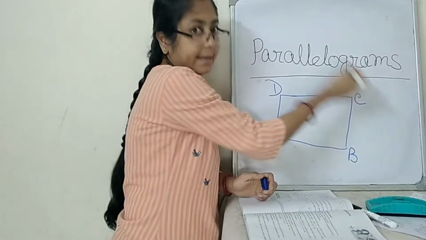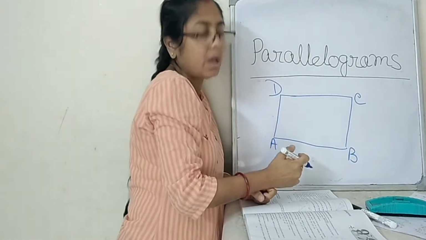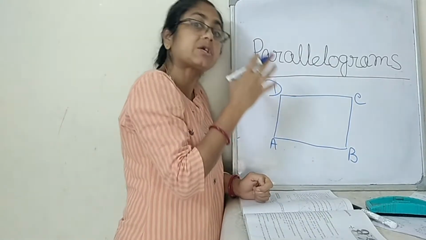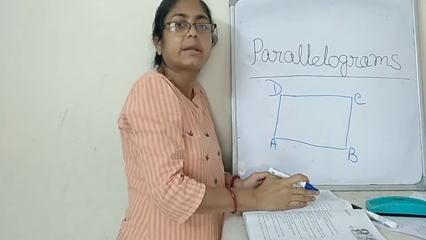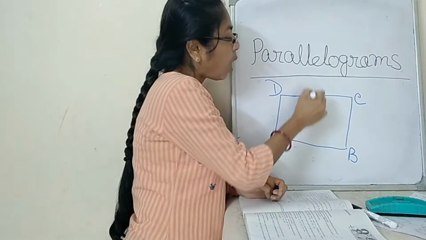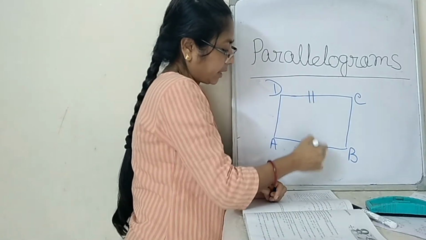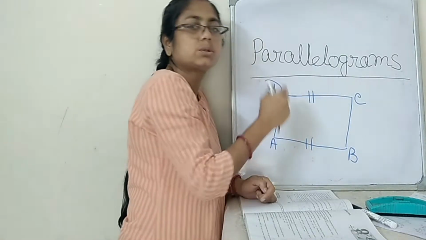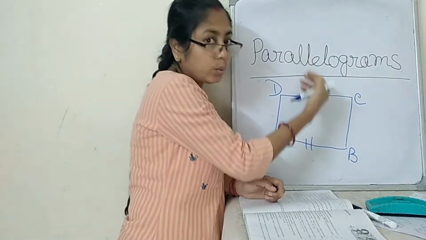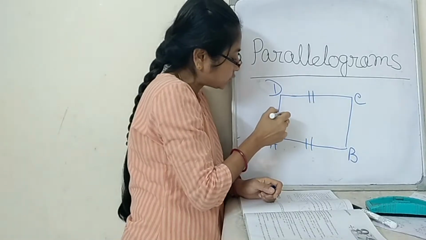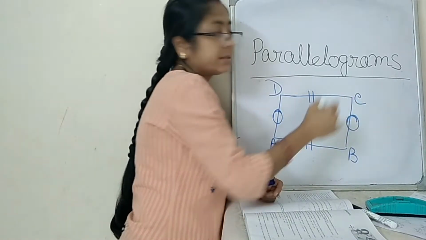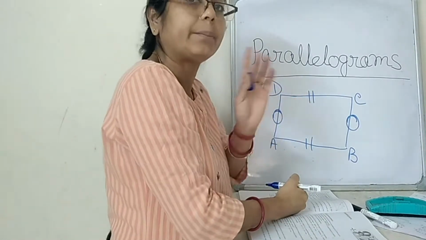ABCD is a parallelogram. A parallelogram is one type of quadrilateral, but it has a special character. What is the special character? Look, the opposite sides AB and DC are equal and parallel. And AD and BC are also equal and parallel.